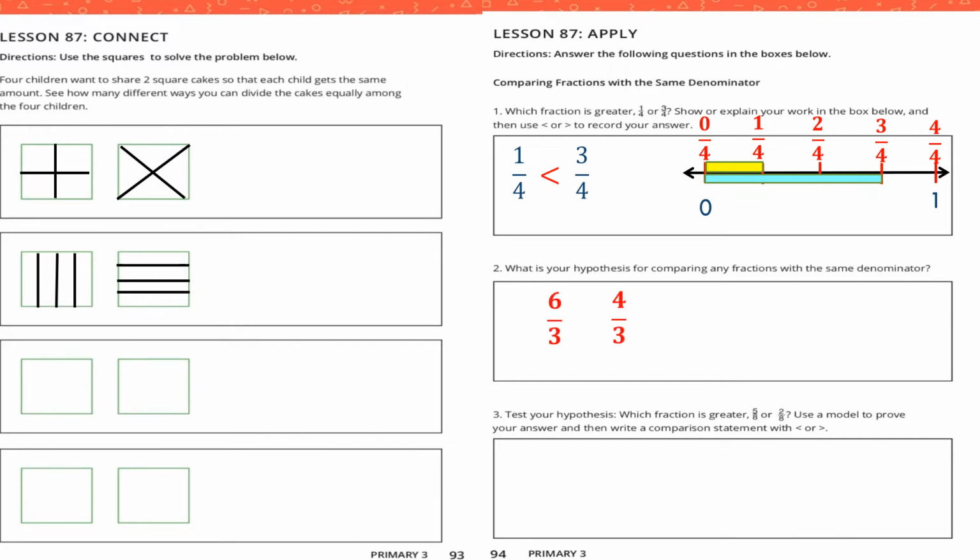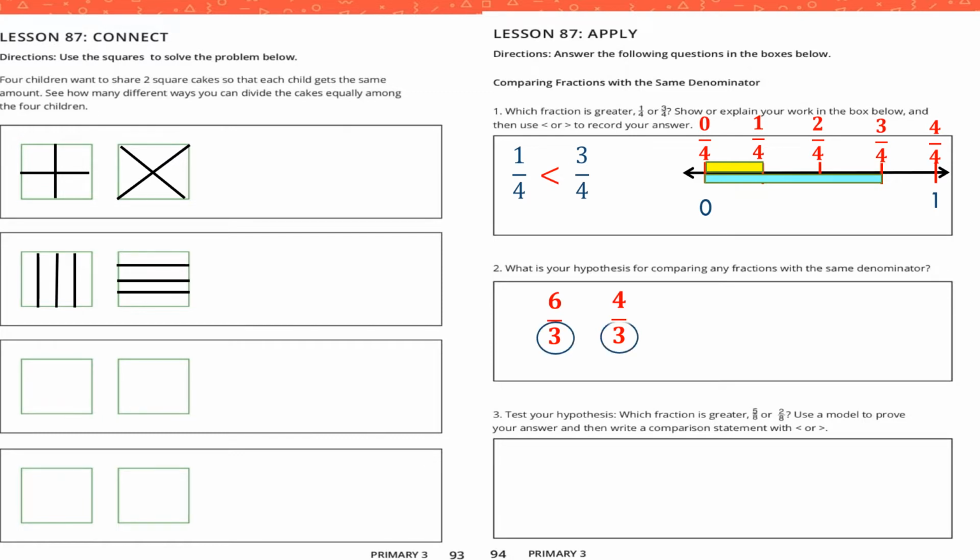Number 2, what's your hypothesis for comparing any fractions? Here I give you an example, 6 over 3 and 4 over 3. The first step, is it crazy or normal? Yes, it's normal. Why?